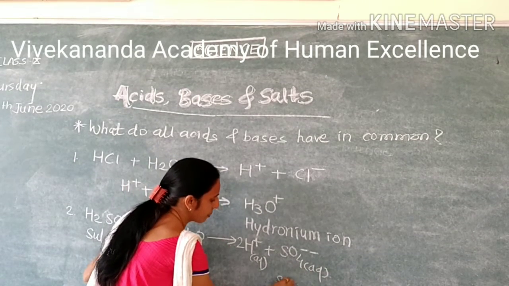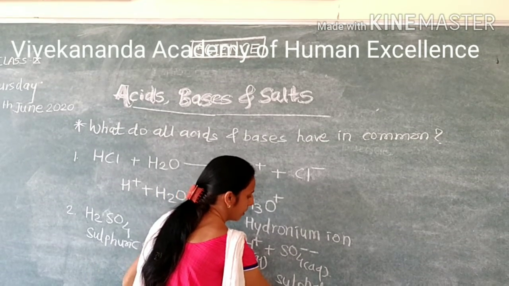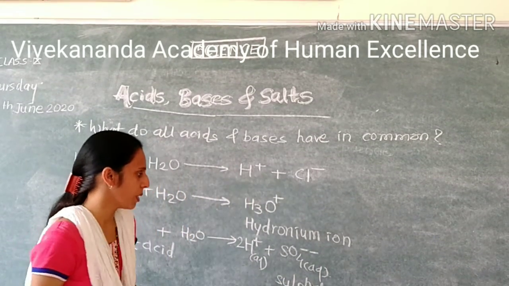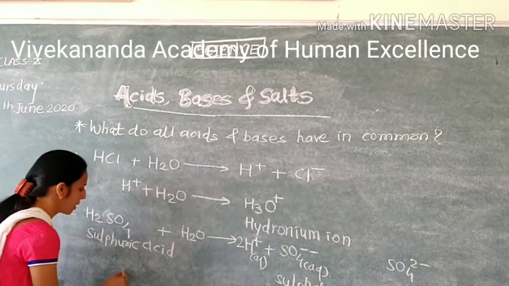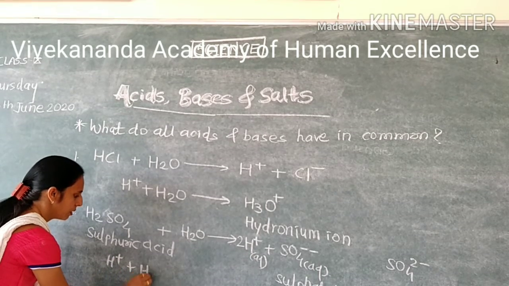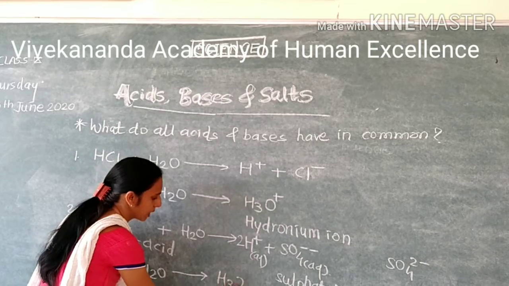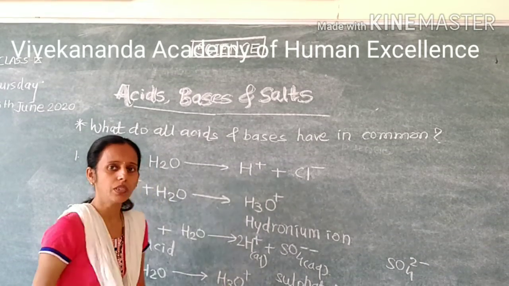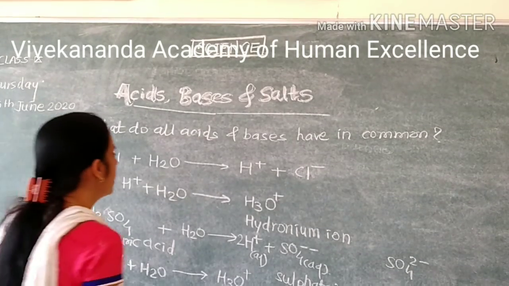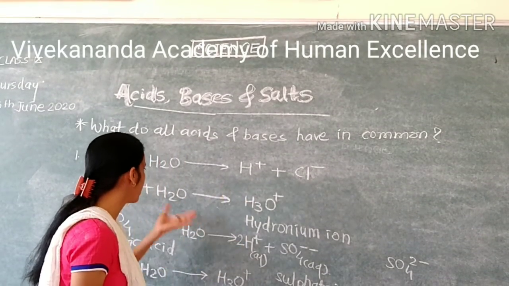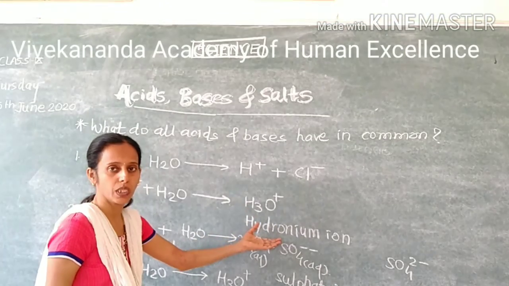This hydronium ion and sulfate ion, or this SO4 double minus, can be written as SO4 2 minus also. This H plus ion again gets added into this aqueous solution, that is the water molecule. It also changes into hydronium ion H3O plus. Thus all acids have H plus ion, and this H plus ion when added into the water changes into H3O plus, that is hydronium ion.